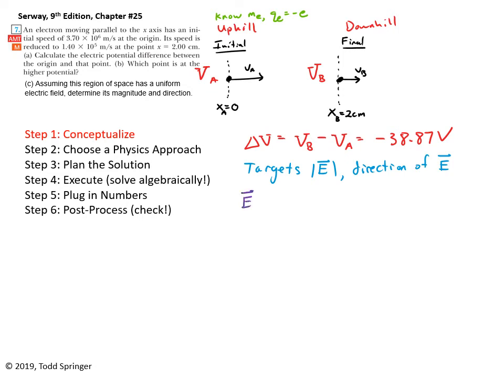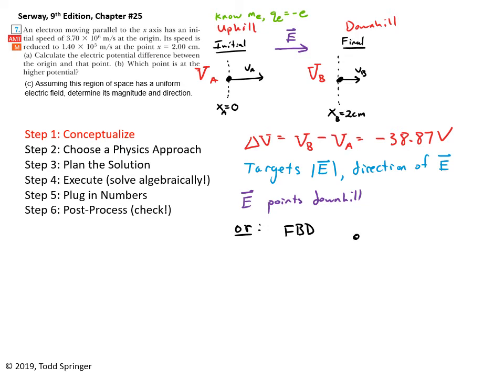So the electric field points downhill. So since we know that point A is higher potential than B, my electric field should be pointing to the right.